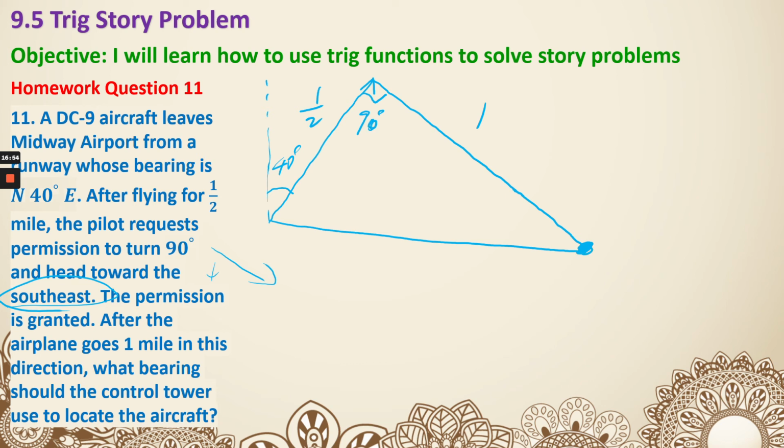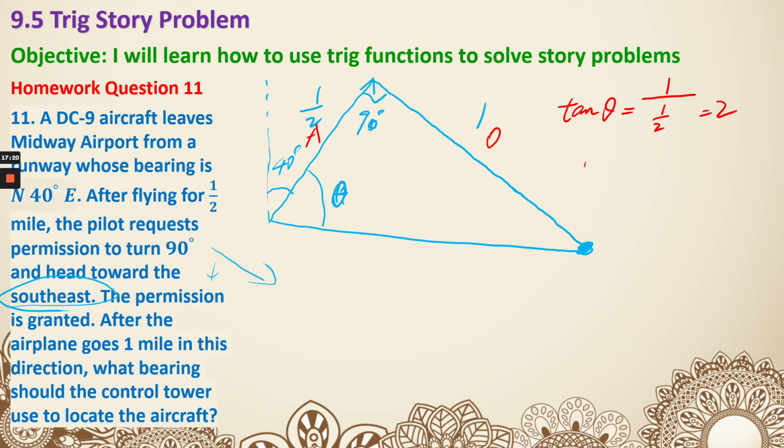In order to find the bearing, we first need to find what this angle is. And I'm going to call it theta. Okay, so if that is the theta, I can identify this is my opposite, this is my adjacent. So I'm going to need tangent. And tangent theta is opposite, so 1 over adjacent, which is 1/2.